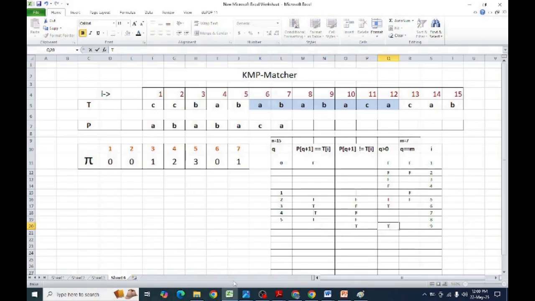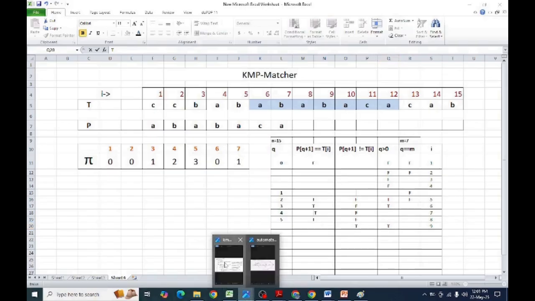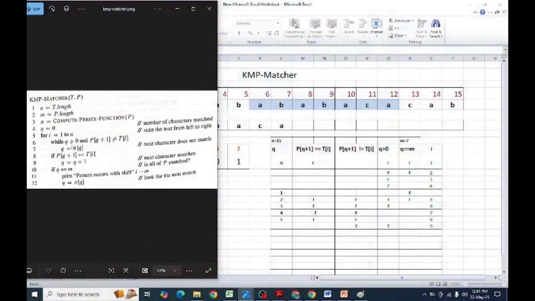See these two conditions: q greater than 0, correct; P of q plus 1 not equal to T of i. T of i is B, P of 6 is C, so they are not equal. So this condition is correct and the while loop works. Q will be updated and the value will be taken from pi of 5.